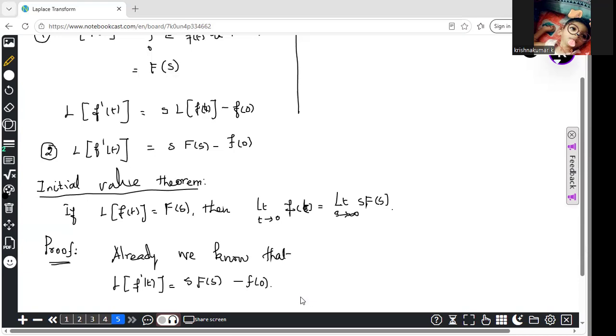Now look at this expression. For the function s into F of s, we are taking the limit s tends to infinity. So first, take the limit s tends to infinity on both sides of this expression.